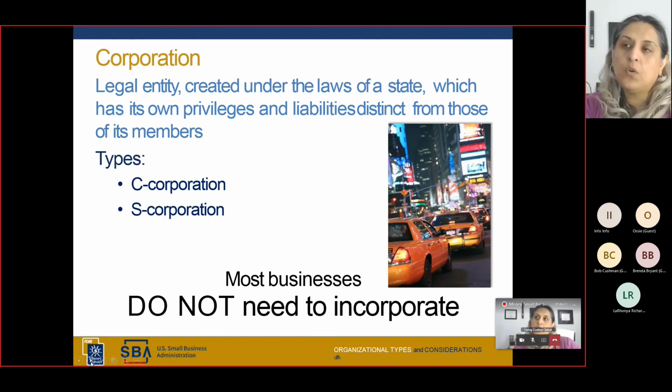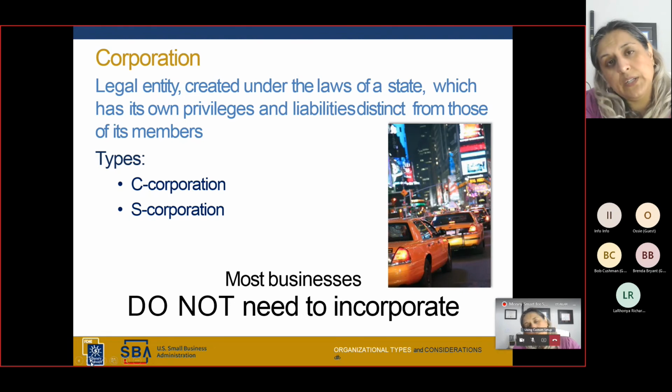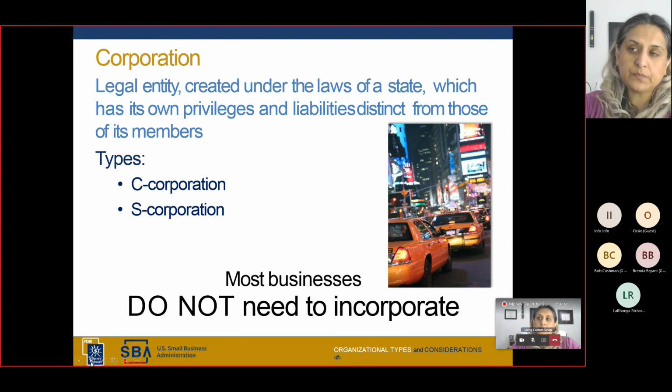A corporation's existence lasts as long as the shareholders decide it should exist, so it can last for decades through multiple generations of ownership. Ownership can be transferred by sale of stock. Additional owners can be added either by the corporation selling stock or by current owners selling their own stock.